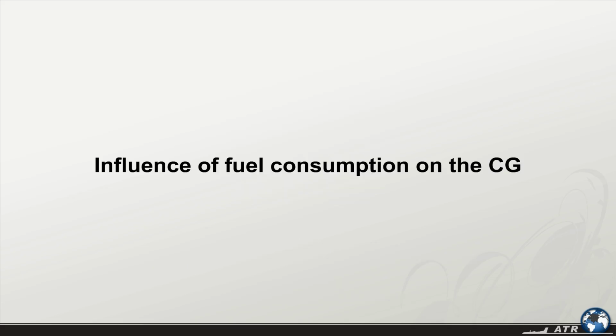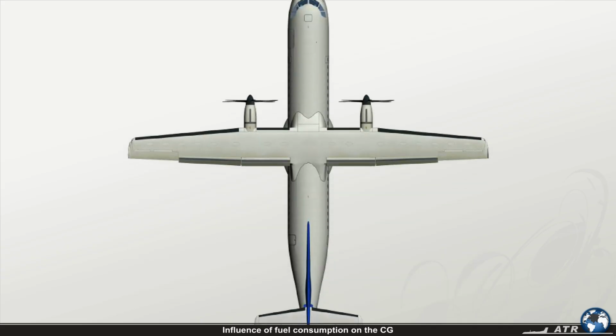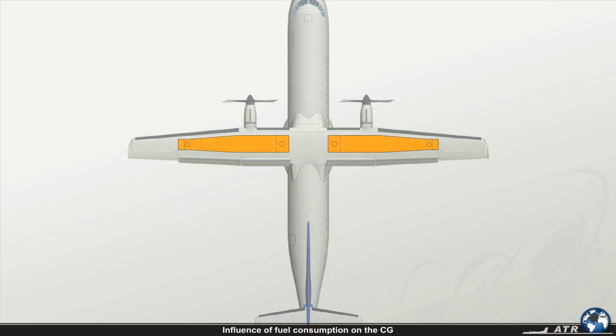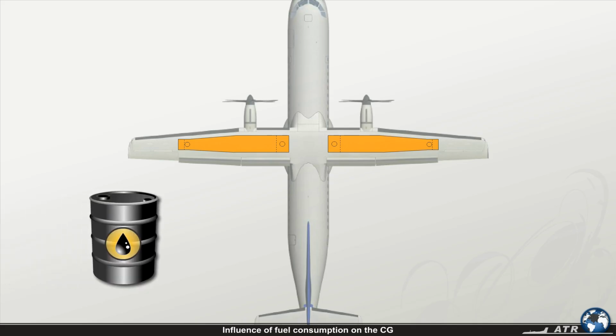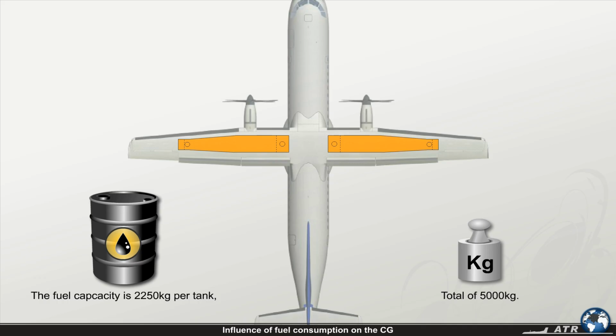As explained during the fuel system chapter, fuel is stored in 2 tanks, one in each wing. The fuel capacity of the ATR72 is 2,500 kilograms per tank, giving a total of 5,000 kilograms. Normally, the left engine is supplied from the left tank and the right engine is supplied from the right tank.